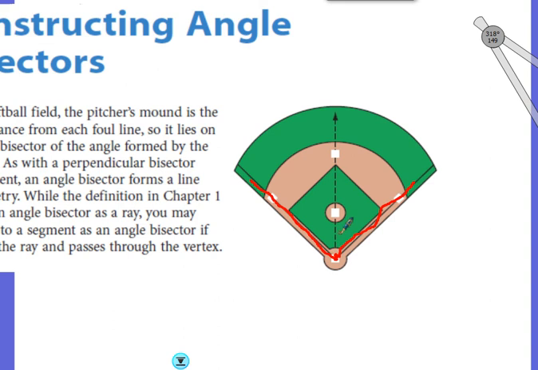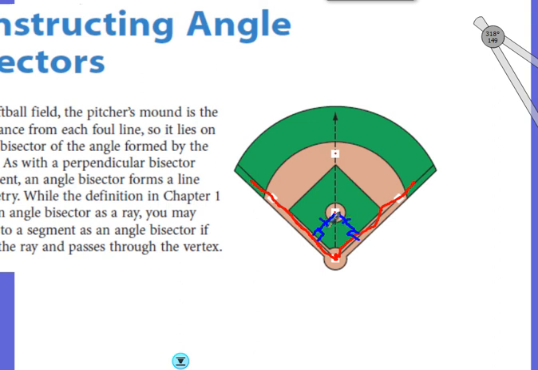We have an angle bisector, this dotted line that goes through the pitcher's mound and through second base. If that's the angle bisector, then from the pitcher's mound, drawing a perpendicular line to the third baseline and a perpendicular line to the first baseline, those will be the exact same distance.